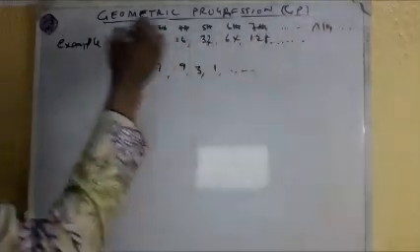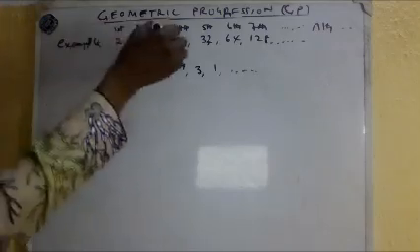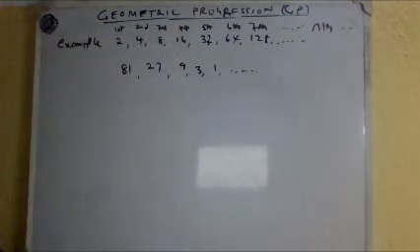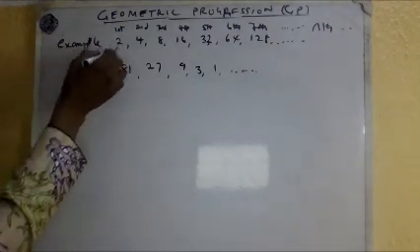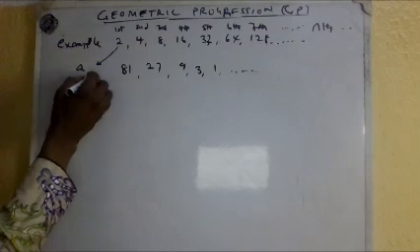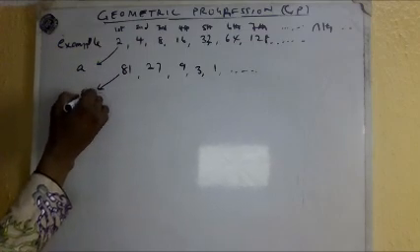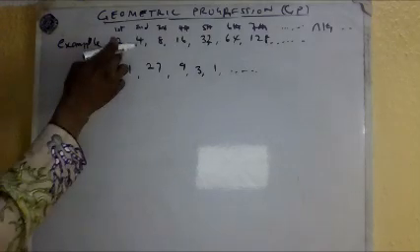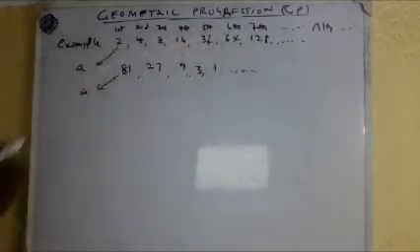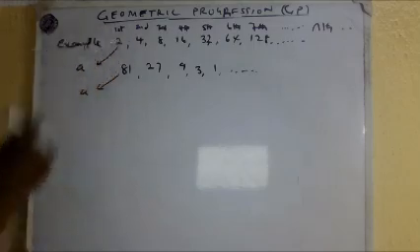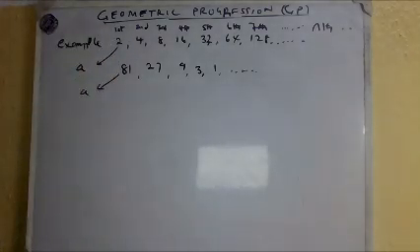You understand? So the positions where these numbers are is known as the term. There's also what we call the first term. The first term is A, the number that starts the sequence. So for this first sequence, A, the first term, is 2. And for this one, the first term is 81.